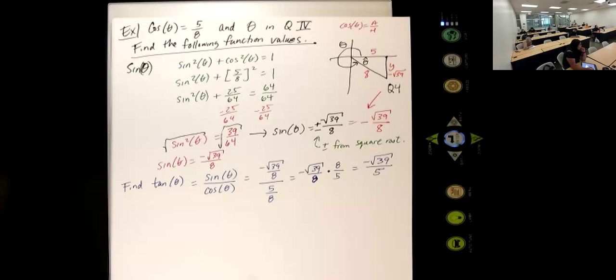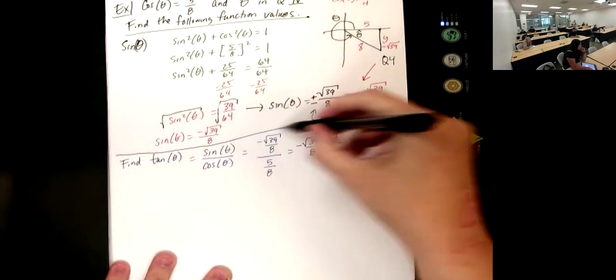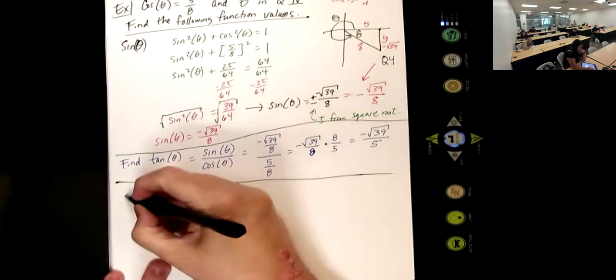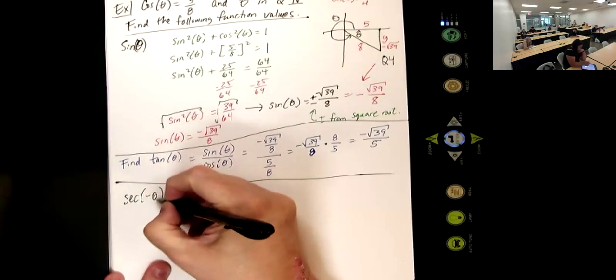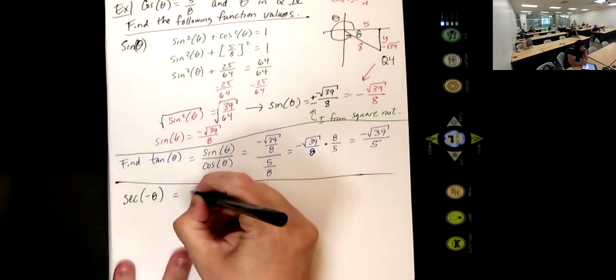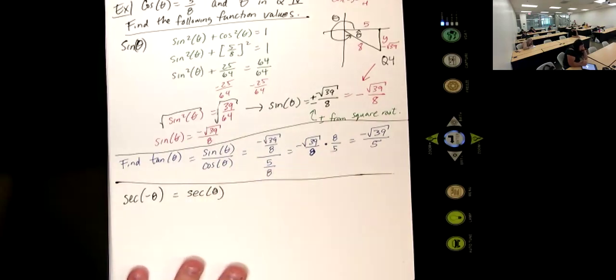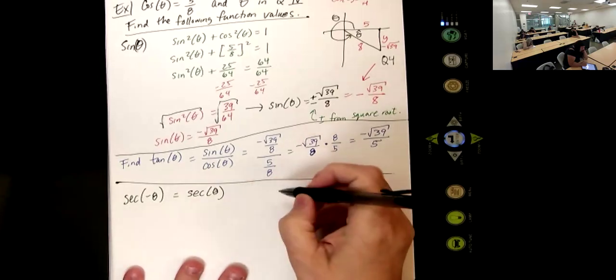And just to throw in that even and odd stuff, let's take a look at secant of negative theta. That's the same thing, secant was an even function, so that's the same thing as secant theta.